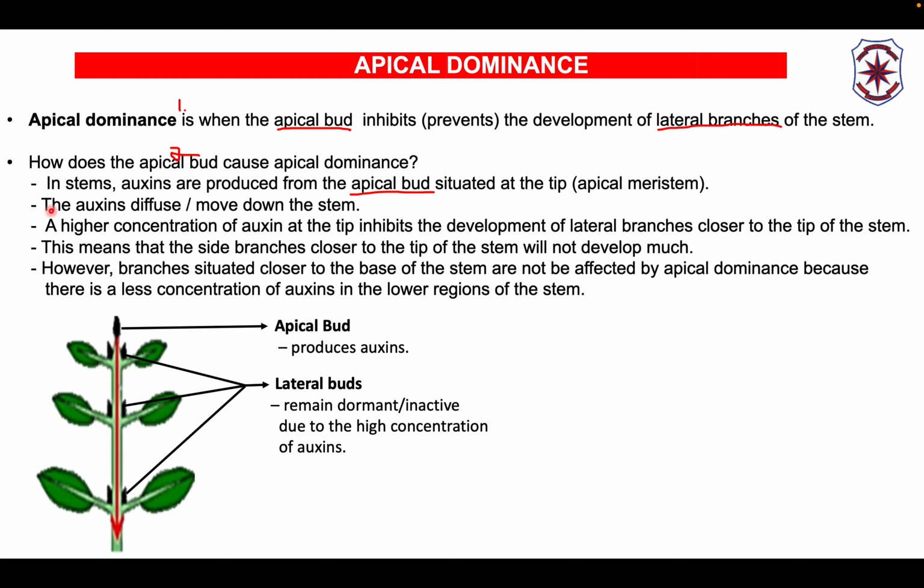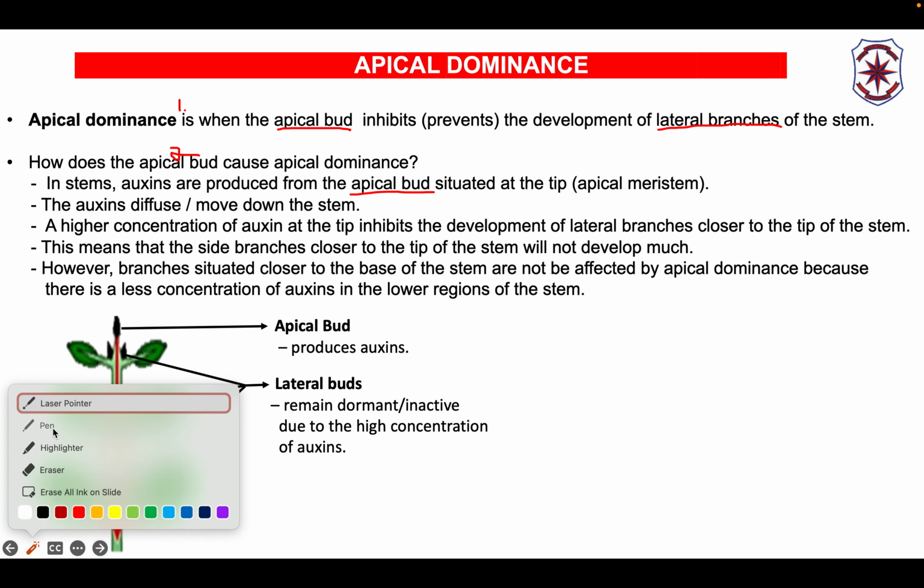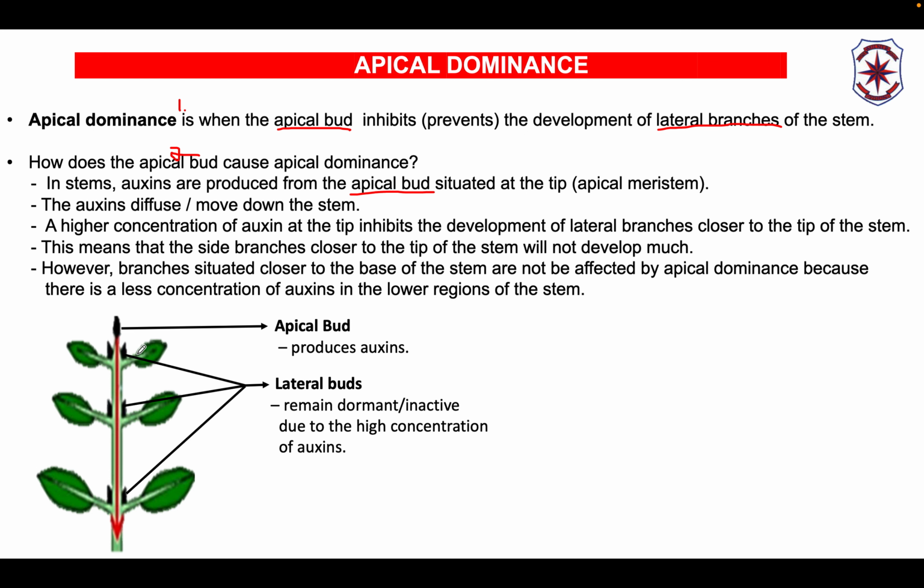Then number two, second bullet, the auxins diffuse or move down the stem. As they're being produced by the apical bud, they move down by diffusion. They move down the stem in that direction.